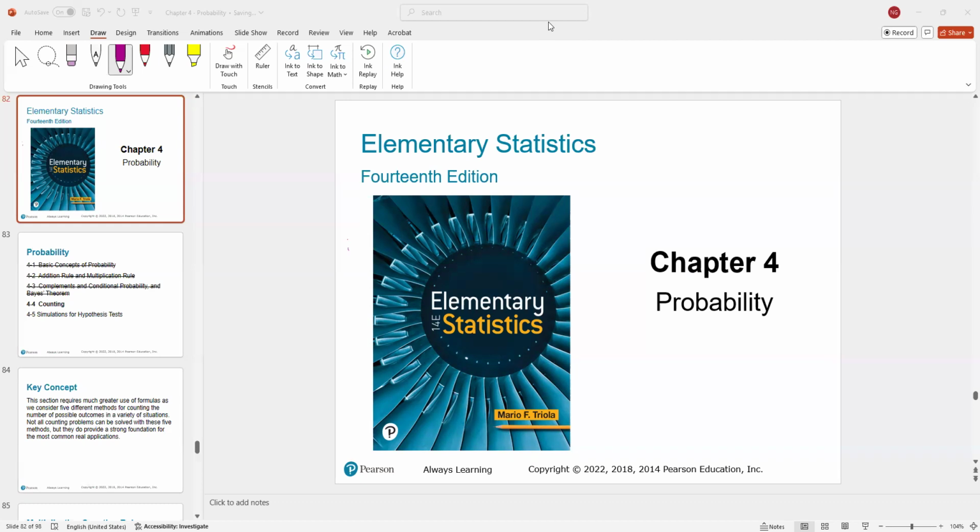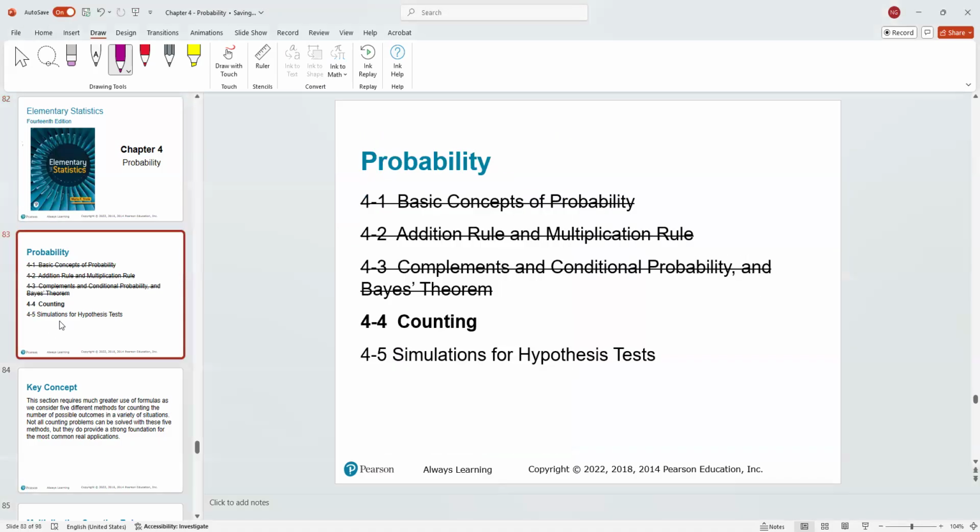Now we're going to continue with section 4.4, counting, where we will attempt to develop the ability to apply the fundamental counting rules, factorial rule, permutation rules, and combinations rules, and we will try to see how we can distinguish between circumstances requiring the permutation rules and those requiring the combinations rules.